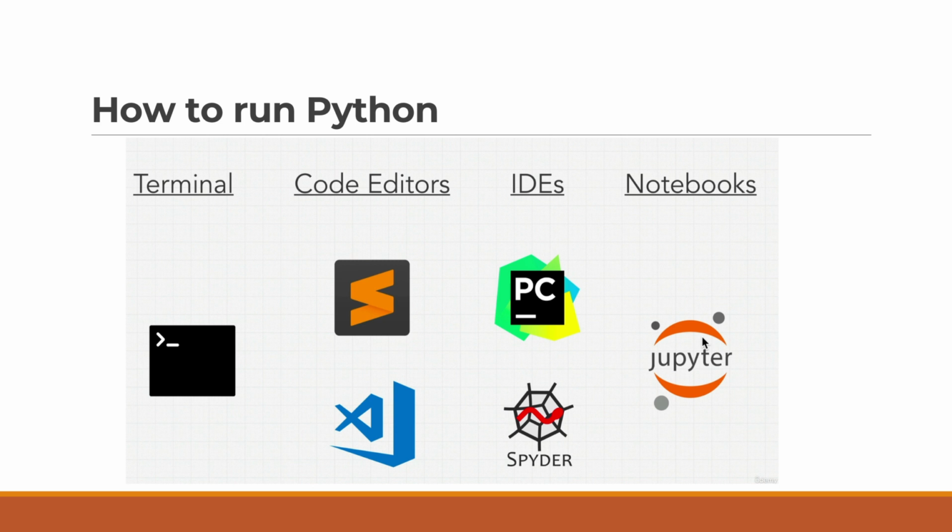Now, notebooks, we have Jupyter, and that is the one that we are going to be using mainly, and a blend of VS Code. So if you have Jupyter, you're okay. If you have VS Code, you're okay. But later on, when we start the data science part of it, we'll need to upgrade to the notebooks.